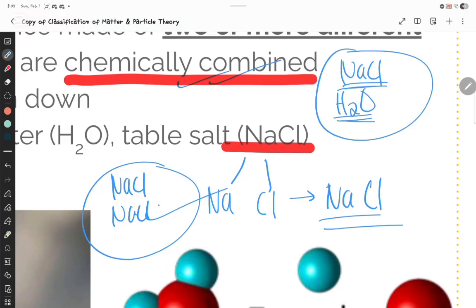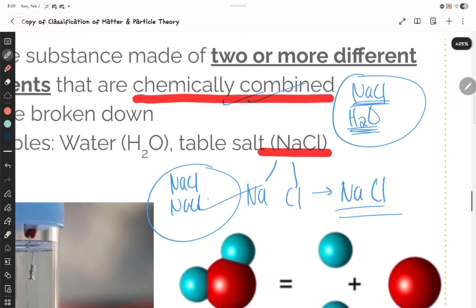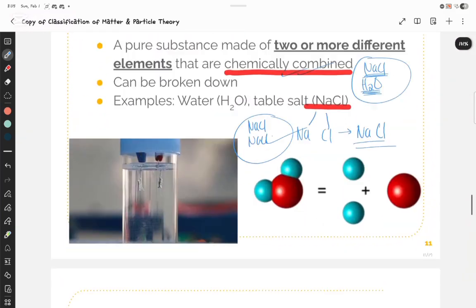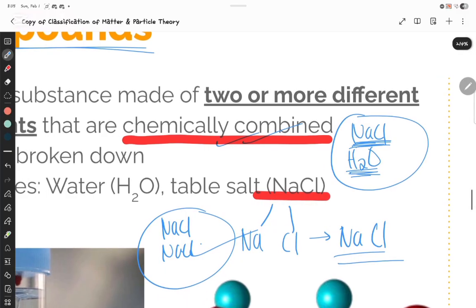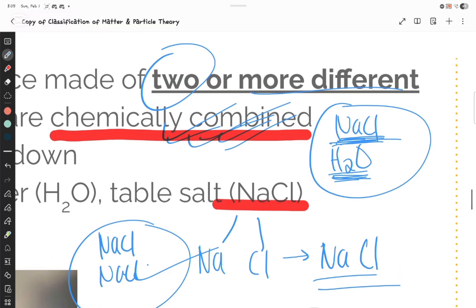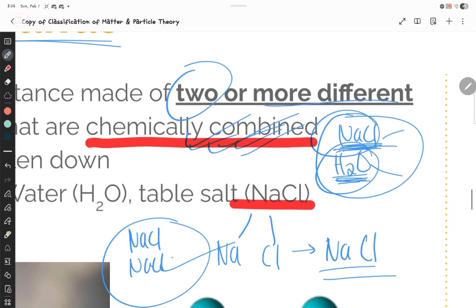Both satisfy the requirement of being chemically combined elements, but they don't satisfy the pure substance requirement, so it's not a compound, even though it's made up of two different compounds.